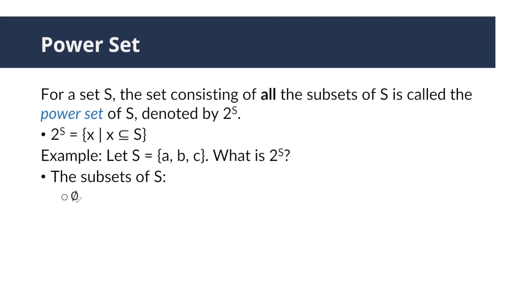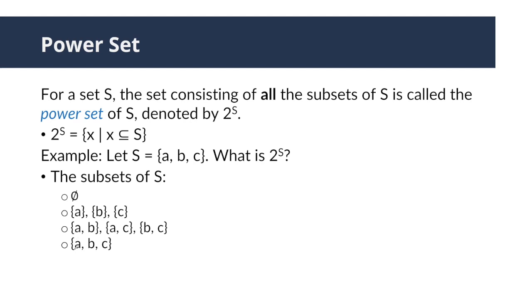Now we can move on to all the subsets of size 1, and we know that there are 3 of them. Similarly, there are 3 subsets of S that consist of 2 elements. And here they are. Do not just stop there, because there's one more subset of S, which is the set S itself.